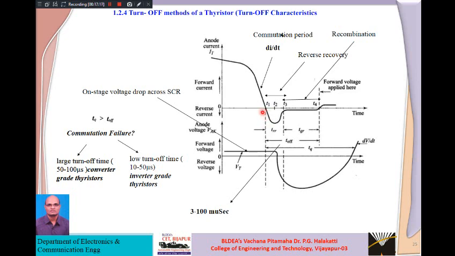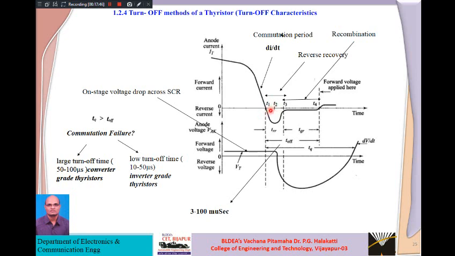This is very important. The forward current is now decreasing in the reverse direction, that is called reverse current, that we are getting from T1 to T2. It is responsible for removing or sweeping out the majority carriers, which are holes in the p layer and electrons in the n layer, from all the four layers.